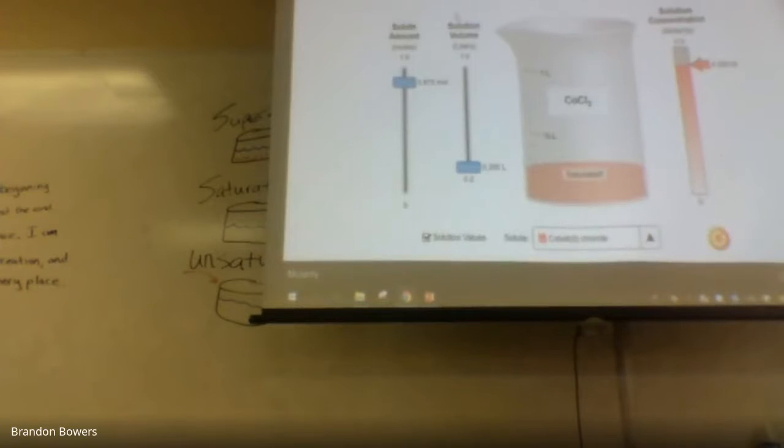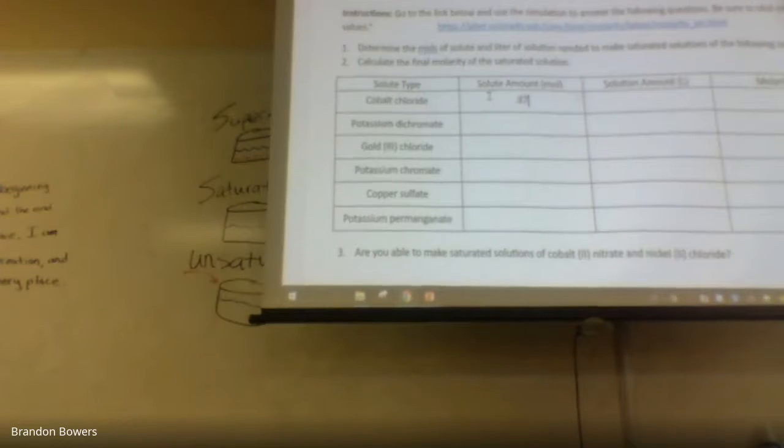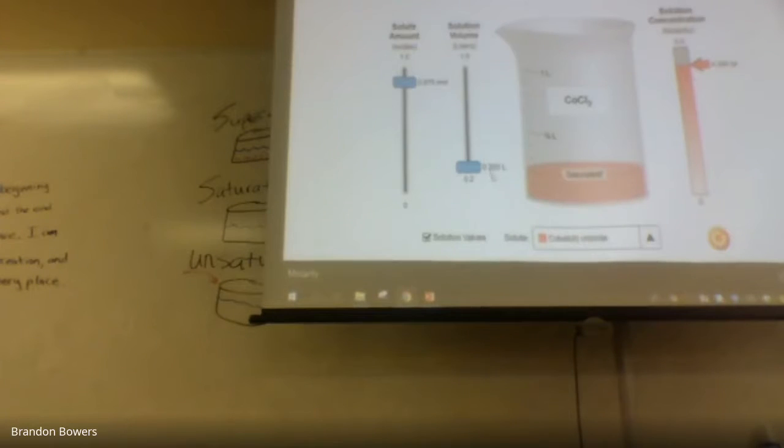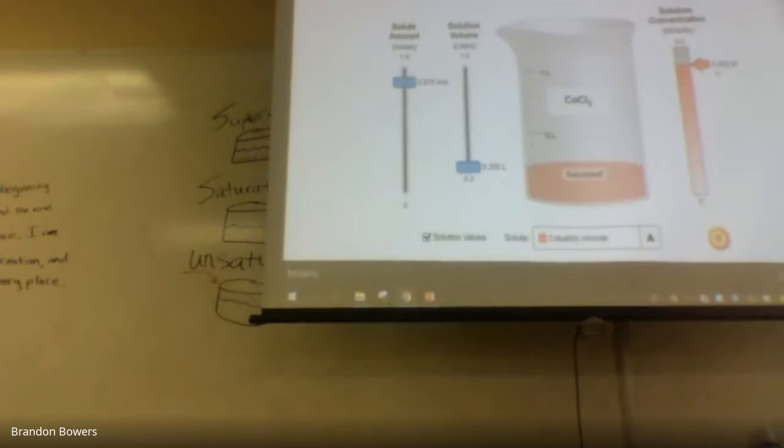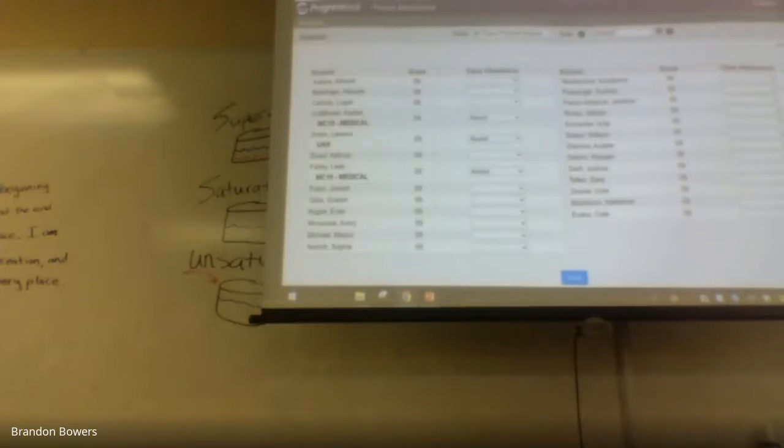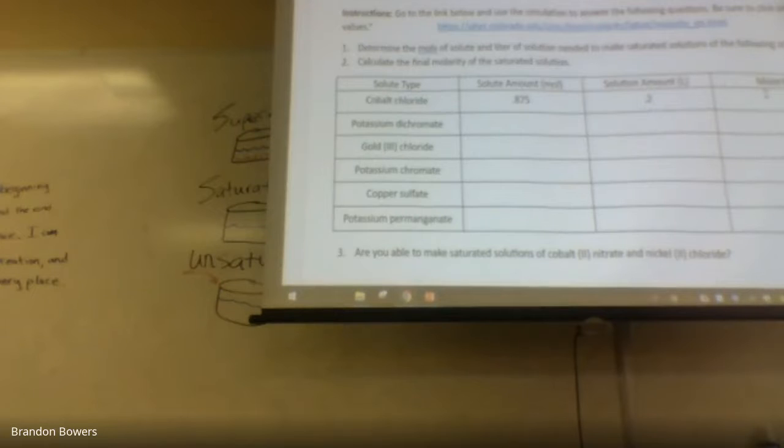How much solute did I add? 0.875. That's my moles. Remember, moles is solute. What was the amount of solution in the liquid? 0.2 liters. And what was the molarity? 4.35. And that's what we're doing.